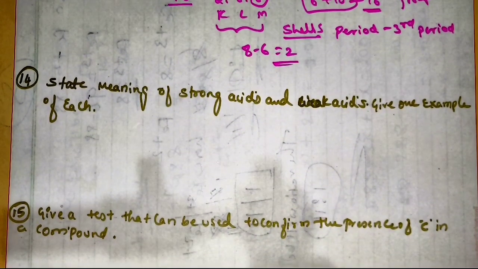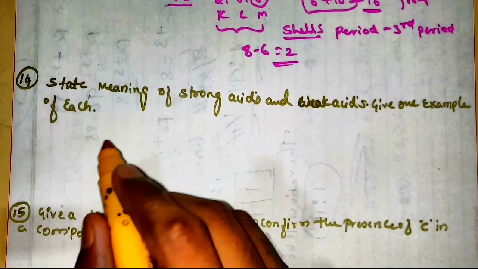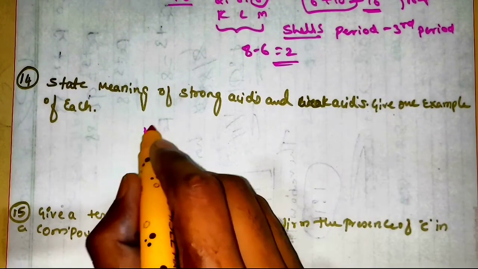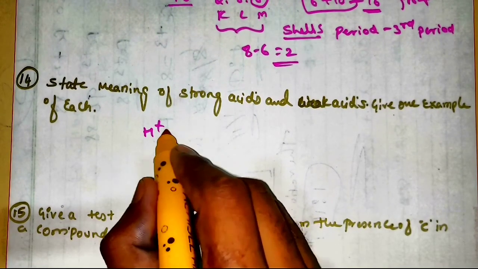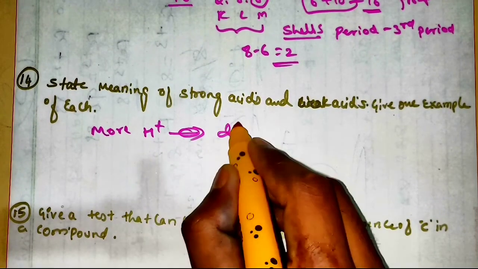Next one: state the meaning of strong acid and weak acid. Give one example each. We know that a strong acid is an acid which dissociates completely to produce a large number of H plus ions.